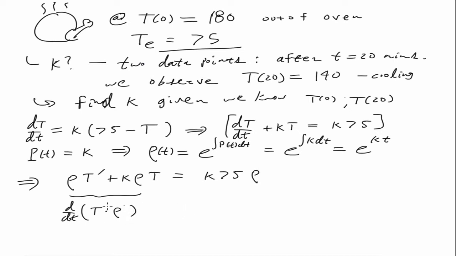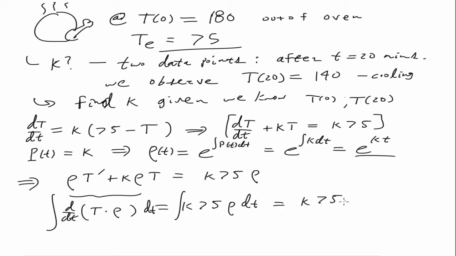So we're going to take the derivative of this product of T and rho together, and the right-hand side is the same. Okay, now we integrate. And we get k times 75.